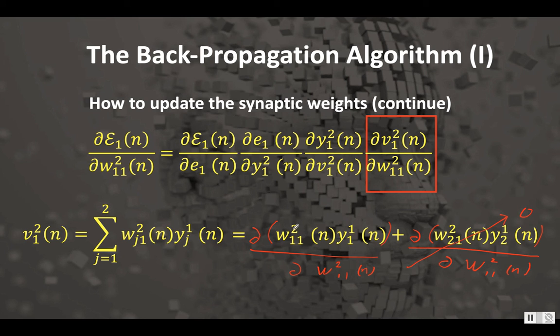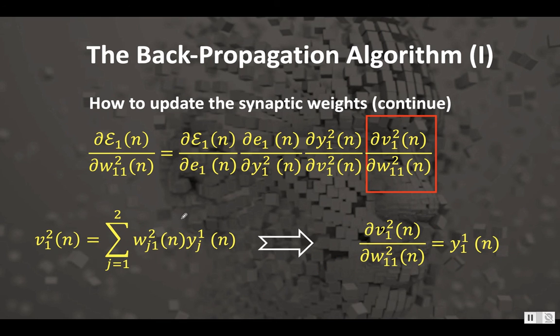This equals W211 multiplied with Y11(n). If we do the derivative with respect to W211, this equals Y11(n). Make sense, guys? So therefore, the last term, the derivative with respect to W211, equals Y11(n).